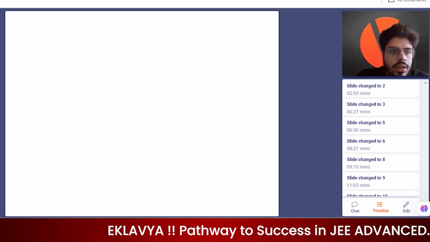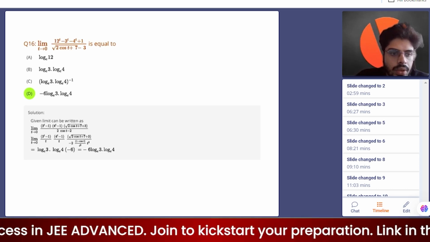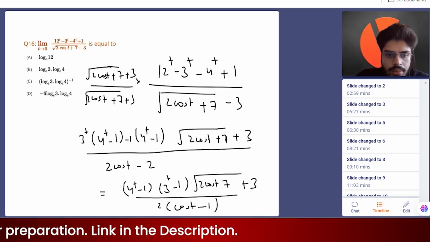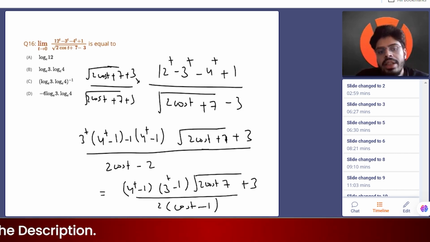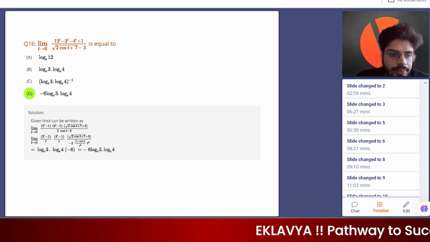Okay, so t is tending to 0. So if t is tending to 0, I can divide this thing by t: 4 power t minus 1 and 3 power t minus 1.